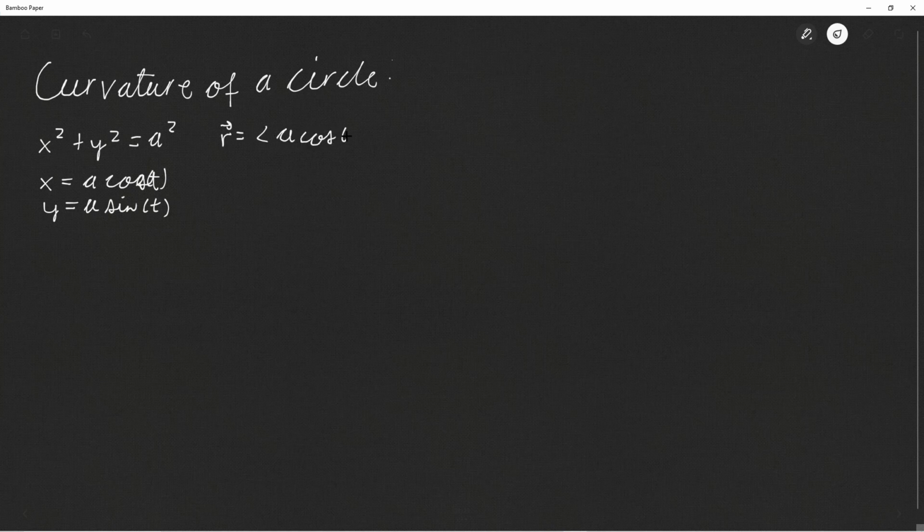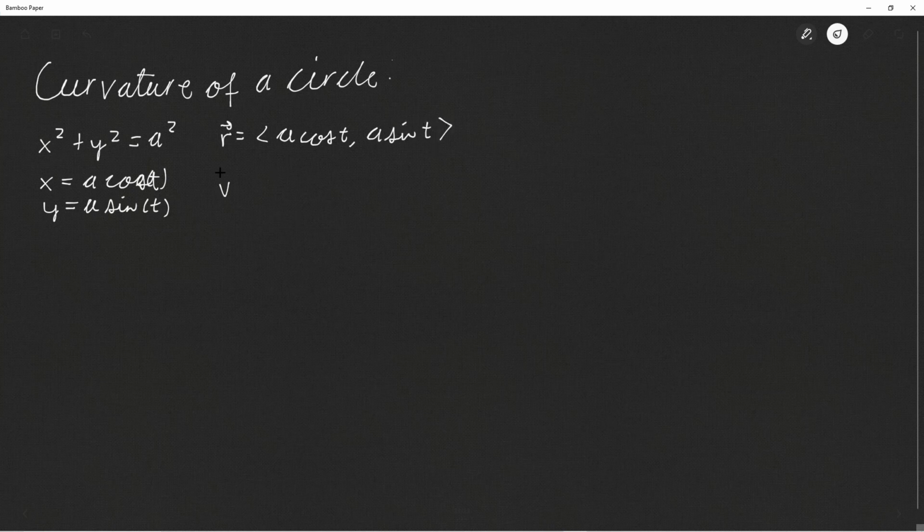So the first thing we're going to do is the curvature of a circle, with the formula of a circle being x squared plus y squared is equal to a squared. So the first thing we're going to do here is make our x equal to a cos of t and make our y equal to a sine of t, which makes our position vector equal to a cosine of t and a sine of t.